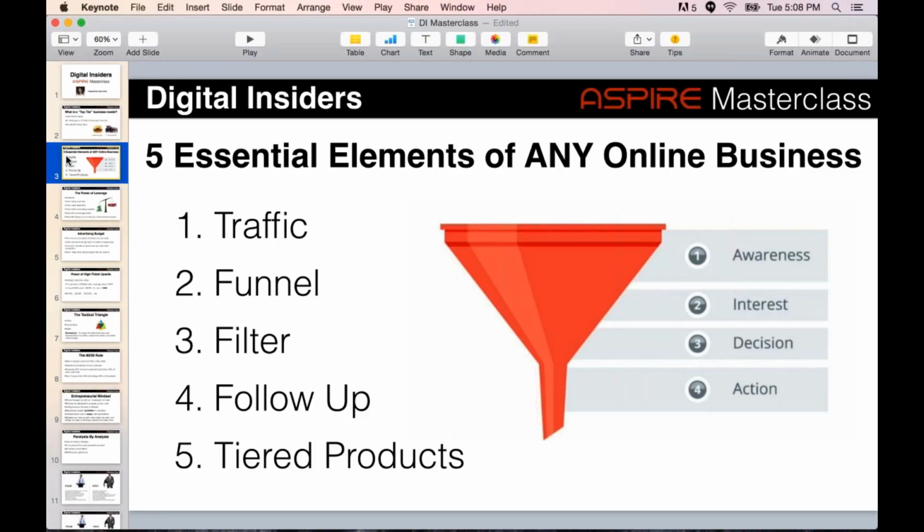Then you transition them into a customer where they actually buy something from you, and typically this is still a low ticket item at this point. As we'll talk about a bit more later on, this is money that's not going to go directly back into your pocket, but money that's going to go back into traffic to get more people into your funnel. So it's typically a lower ticket item because they don't have enough trust with you yet to be willing to spend larger amounts of money with you.